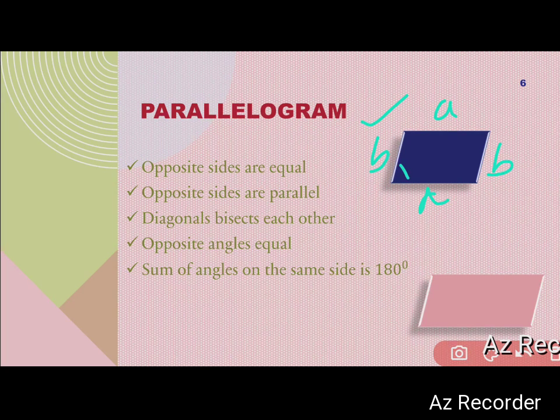Then opposite angles: these two angles are equal and also these two angles are equal. Then what about the diagonals? The diagonals bisect each other. And the sum of angles on the same side, that is this angle and this angle, is always 180 degrees. These are the peculiarities of a parallelogram.